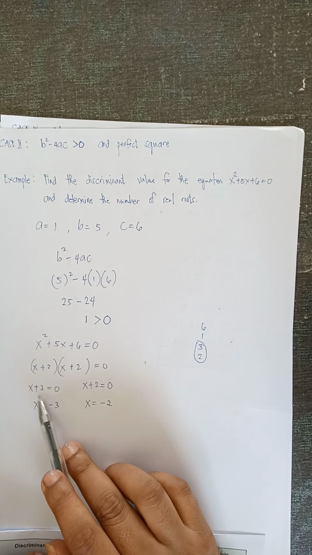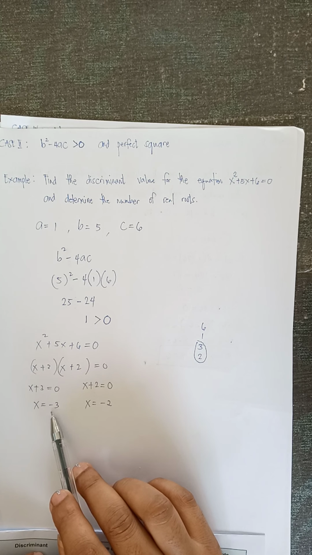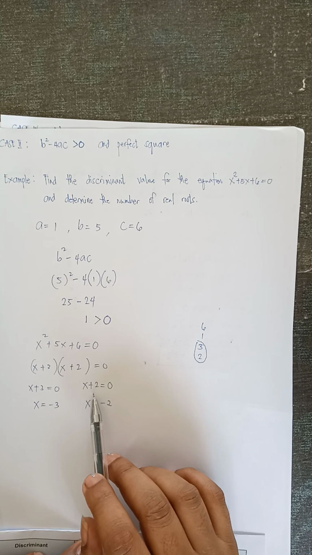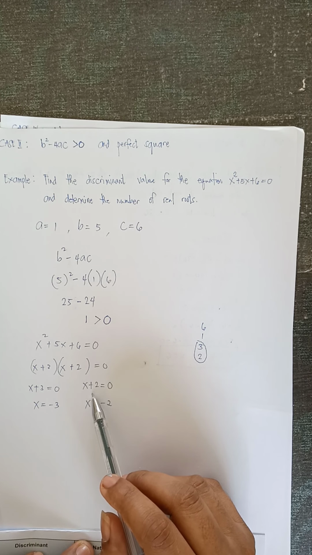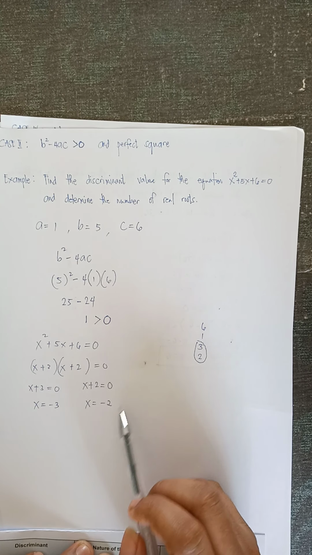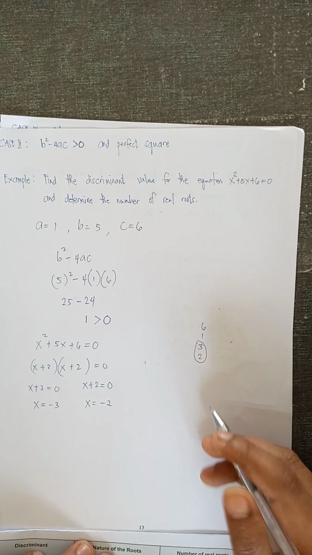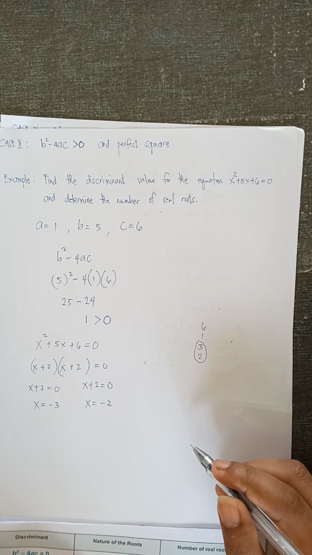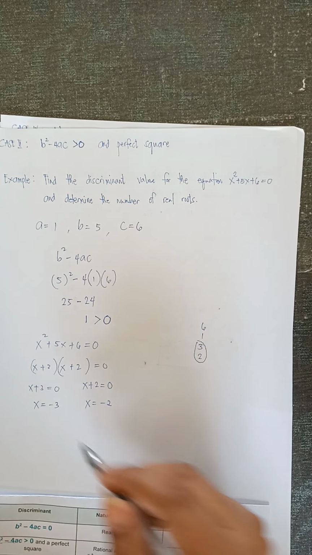negative 2. We transposed the positive 3 to the other side, that will become negative 3. On the other side, the positive 2 is transposed to the other side, that is why we got negative 2. Okay, so they are rational numbers.